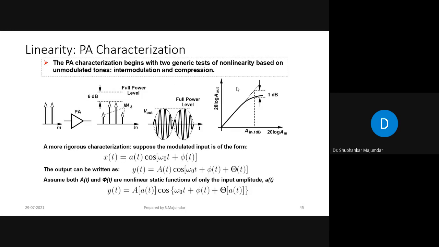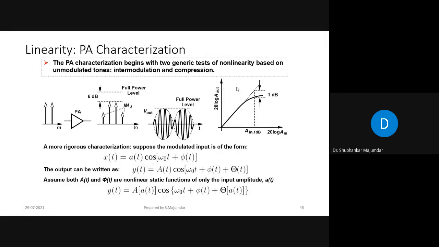After that, the power amplifier characterization begins with the two generic tests of non-linearity based on unmodulated tones, intermodulation, and compression. And as you all know, the harmonics we are determining by the Volterra series.